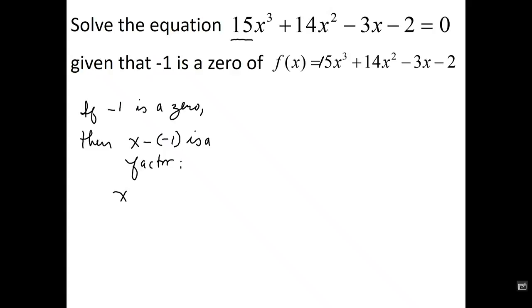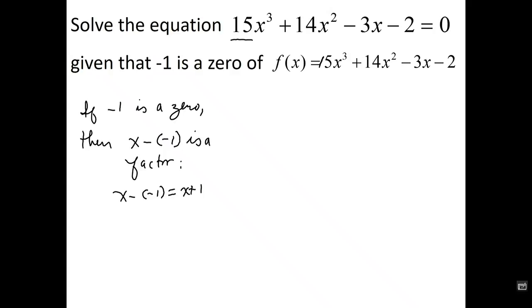But x minus a negative 1 is x plus 1. Now let's see if we can solve the equation given this information. If we can find the other zeros, then we would have found the solutions, or the roots, of this cubic equation.